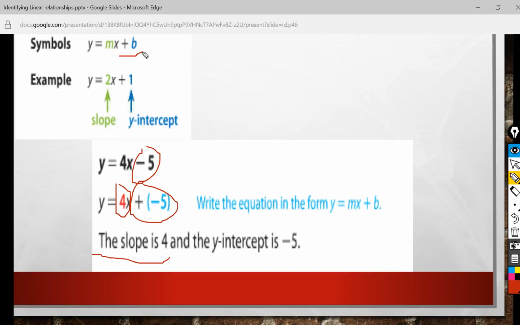So negative 5 is our y-intercept. Simple enough. And this is important to know because they can give you the slope and the y-intercept in here, and using this information we'll make graphs. We'll be able to actually plot this equation onto a graph, or form a table too.